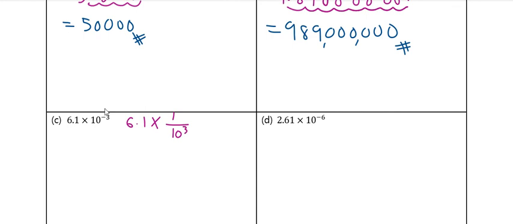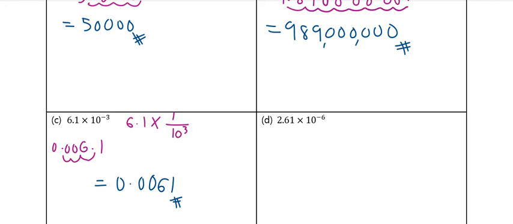So 6.1 divided by 10 power 3 will cause the decimal point to move to the left. You're moving to the left side by 3. So 1, 2, 3. So here 0.0061. That's your answer for part C.